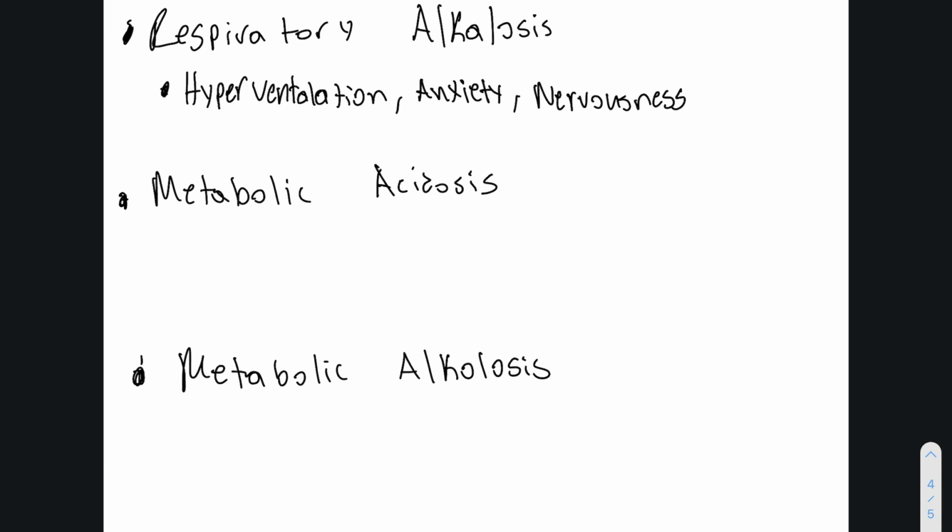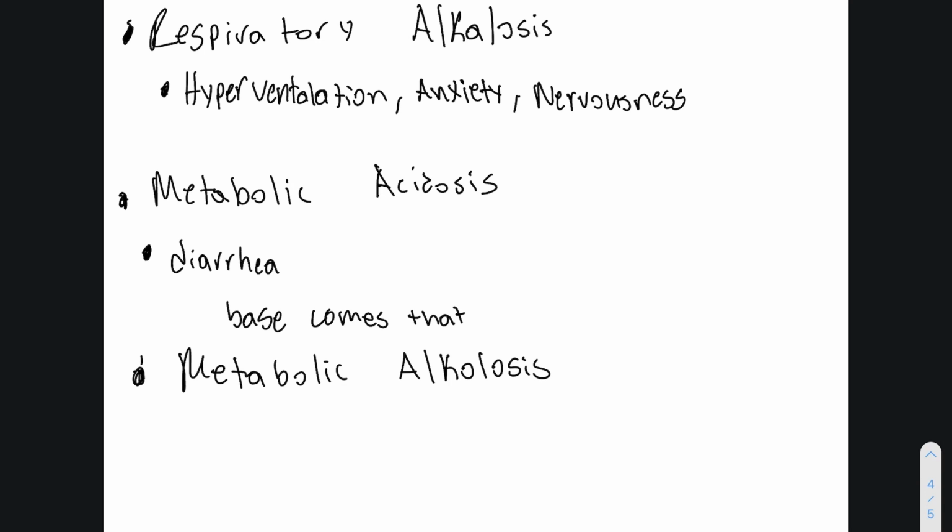Now let's jump into metabolic acidosis. What is the main cause? So your main things that are going to cause metabolic acidosis, well, pretty much anything that isn't respiratory, right? So your diarrhea, funny enough, is going to cause metabolic acidosis because think of it like this. Base comes out the bottom. Okay, this is a little thing that my teachers taught me.